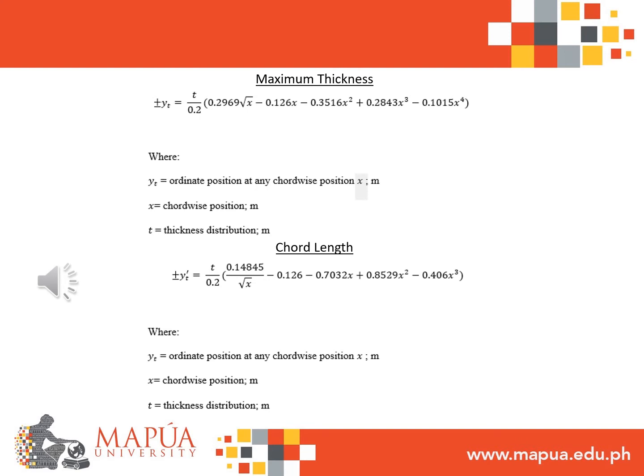To determine the maximum thickness or the best fit curve for the airfoils, this formula is used, where y sub t is the ordinate position at any chordwise position, x is the chordwise position, and t is the thickness distribution. Also, in order to determine the chord length where the airfoil achieves the maximum thickness, the derivative of the previous formula must be used and is given by this formula.